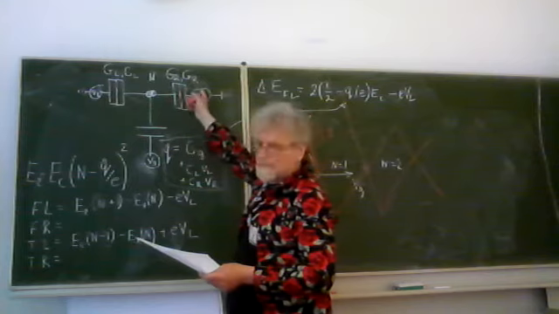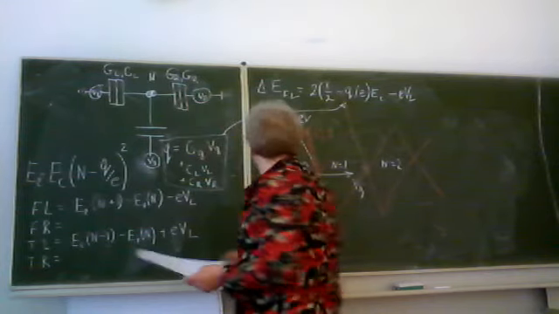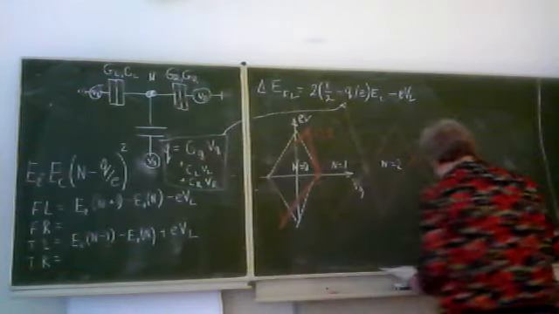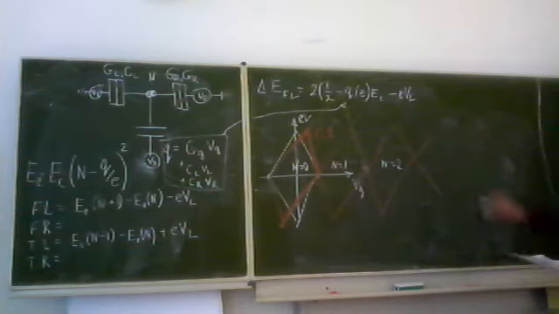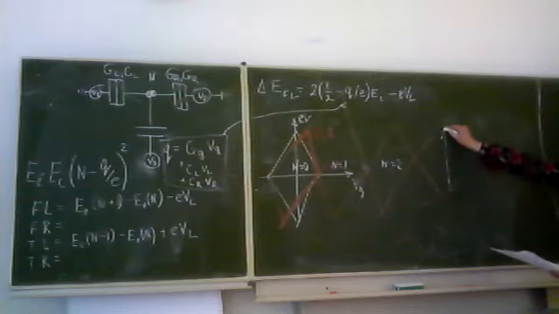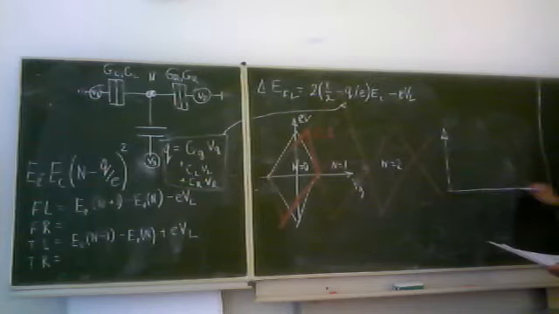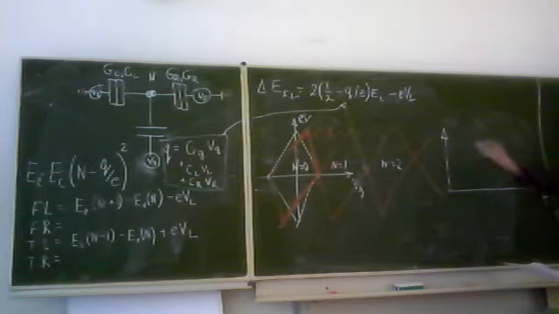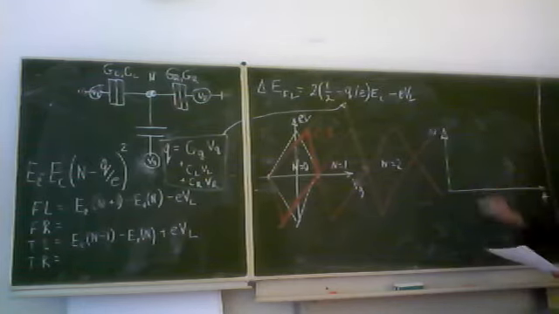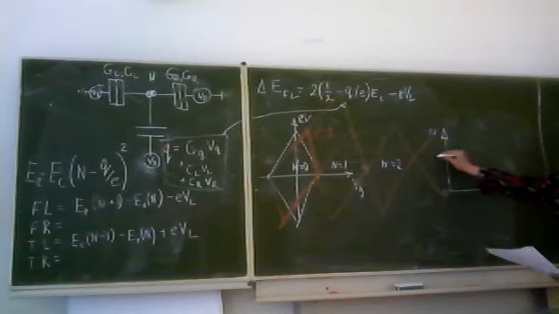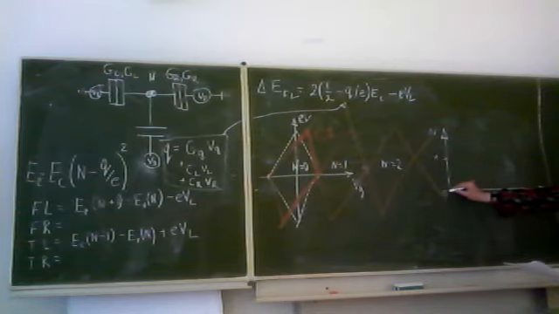Then the electron gets out. Okay, let me sketch it with a timeline. This is the time axis, this is the n axis. So 0, 1. The process is like this.